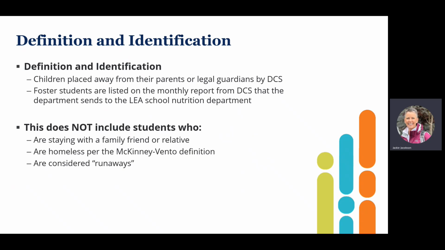These foster care students are listed on a monthly report that DCS submits to the Department of Education, who in turn sends that list to each LEA's school nutrition department. You will find that this list does not include students who are staying with a family, friend, or relative, are homeless per the McKinney-Vento definition, or are considered runaways.